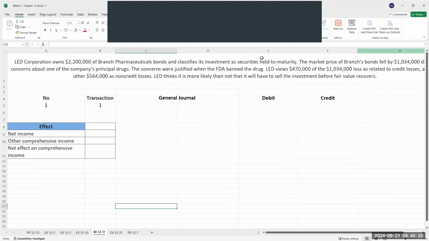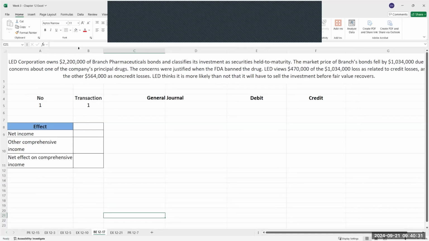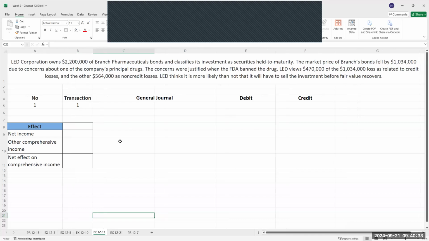I'm going to make this a little smaller. All right, perfect. So the market price of Branch's bonds fell by 1,034,000 due to concerns about one of the company's principal drugs. The concerns were justified when the FDA banned the drug.